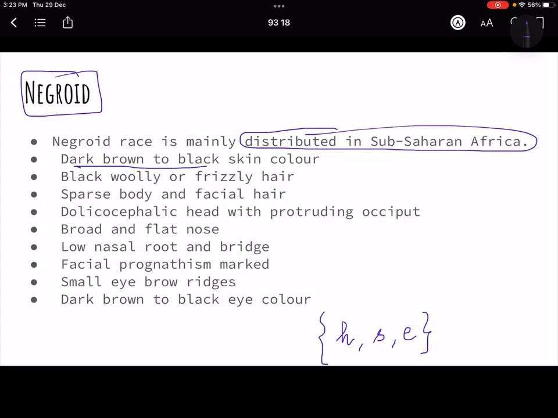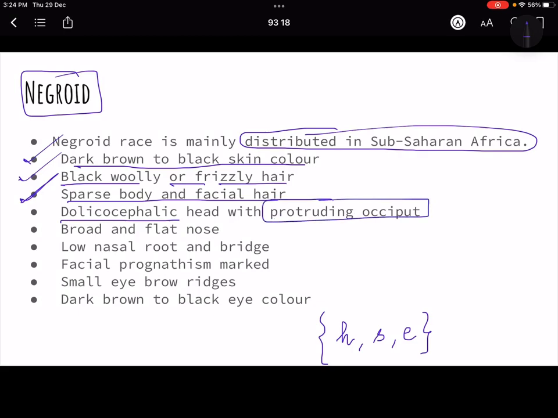So dark brown to black skin color, black woolly to frizzly hair, and body hair is sparse, that means there is not much body hair. Then a dolichocephalic head with protruding occiput, okay. A broad flat nose, I will show you the picture and mark it there also. Low nasal root and bridge, facial prognathism, small eyes, small eyebrow ridges and dark brown to black eye color. Now eye color, skin color and hair color you can remember.